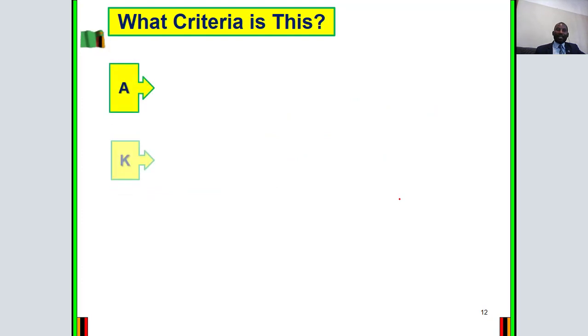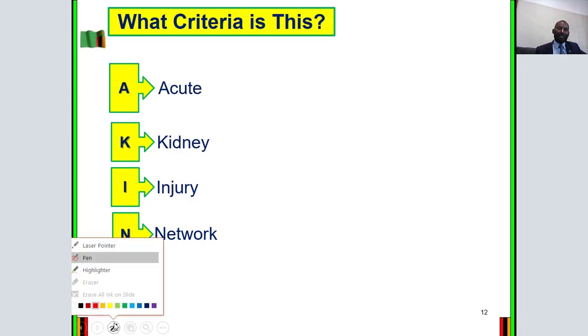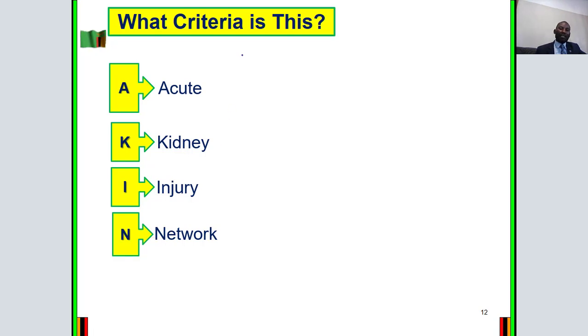That is the AKI criterion, which we have known as the Acute Kidney Injury Network. Right. So we are now going straight to the staging. It also has 3 stages, just like KDIGO.